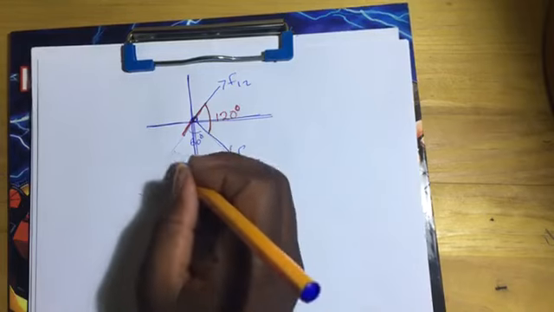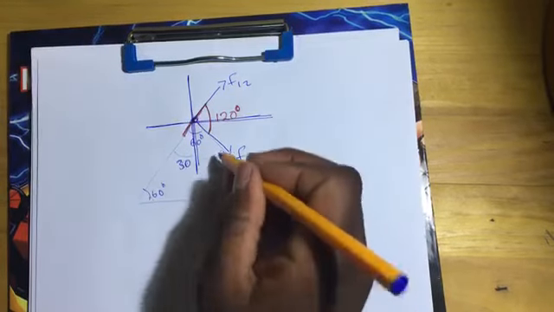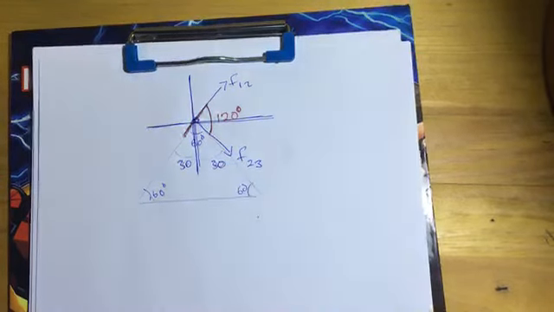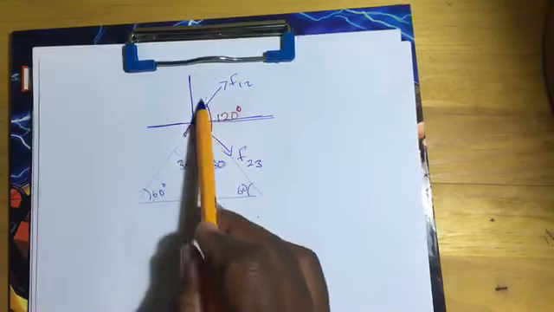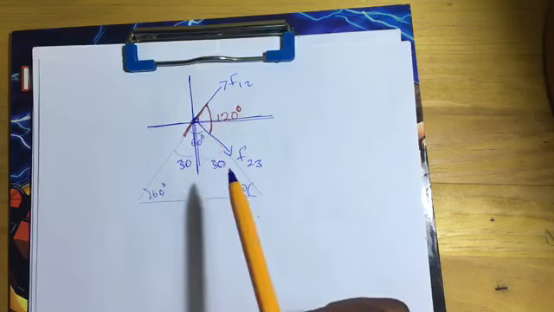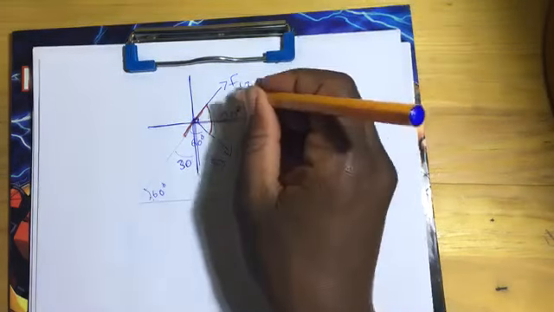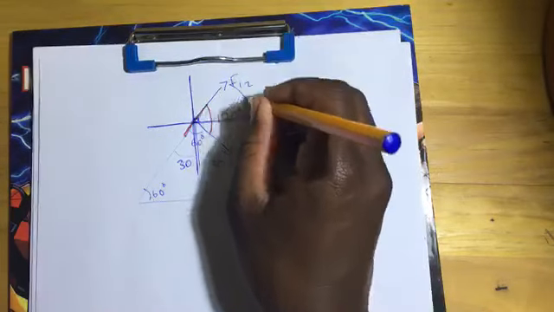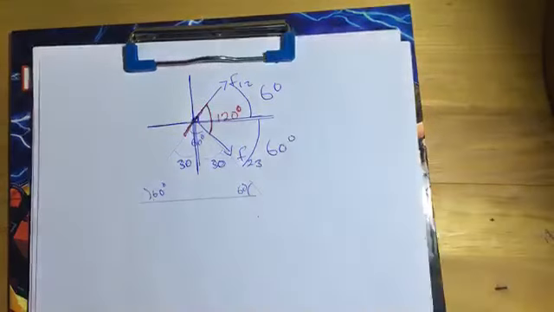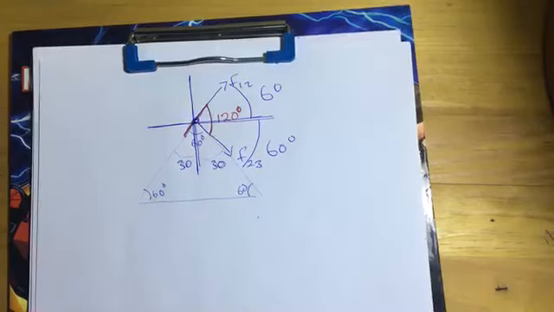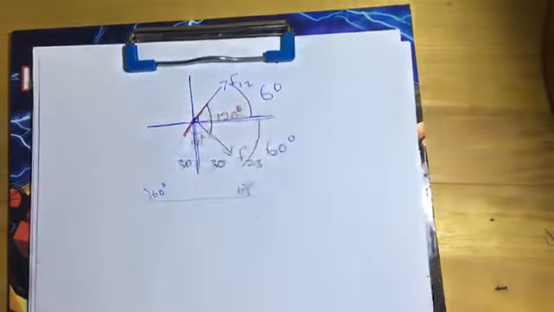I hope you guys are following. Meaning, this other line is also going to divide the 120 equally. So on top, we're going to have 60. Below, we are also going to have 60 degrees. I hope you guys are understanding this. The symmetry of the triangle is going to help us divide these angles.